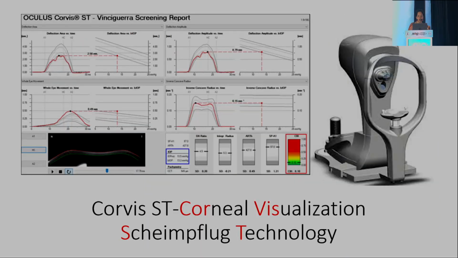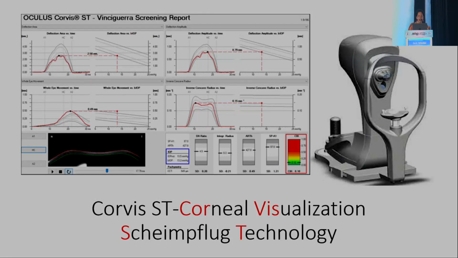The other instrument is the Corvis ST, as Dr. Shushma had told. It stands for Corneal Visualization Scheimpflug Technology. This is also a non-contact technology, where the deformation and the geometric changes in the cornea are measured using a high-speed Scheimpflug camera.